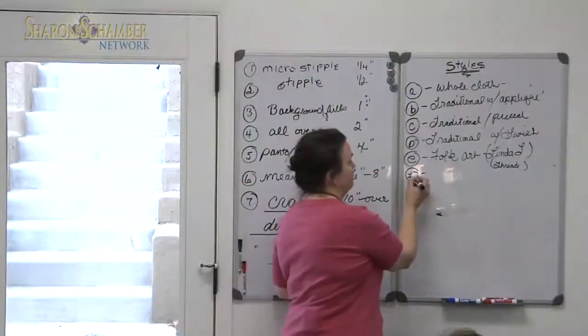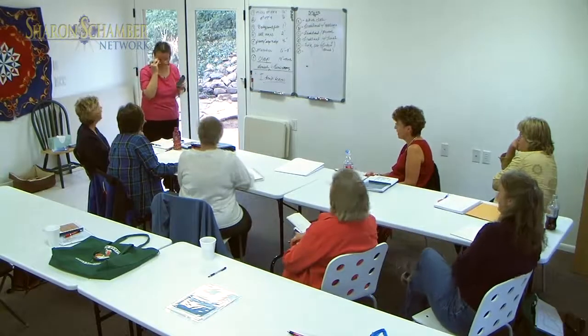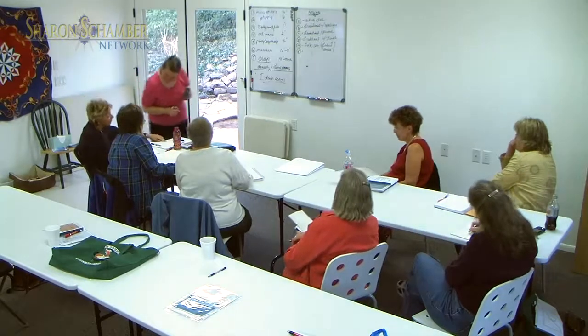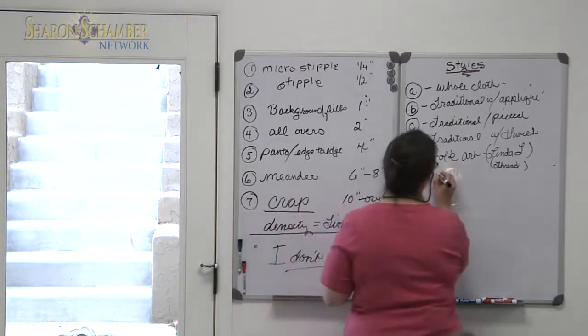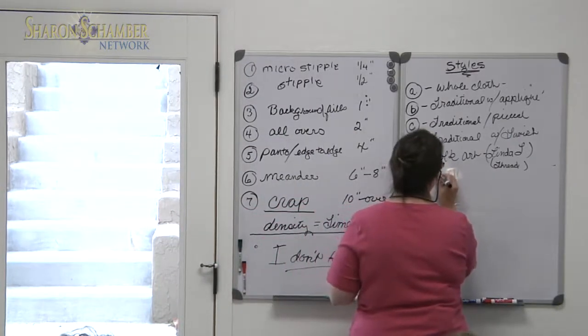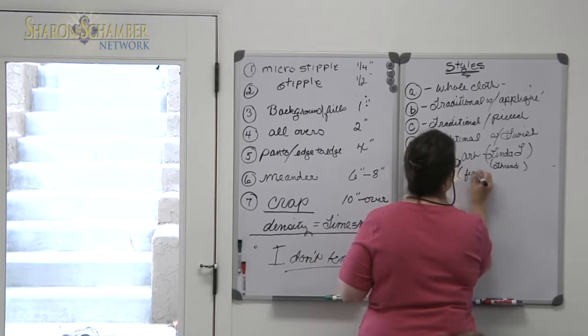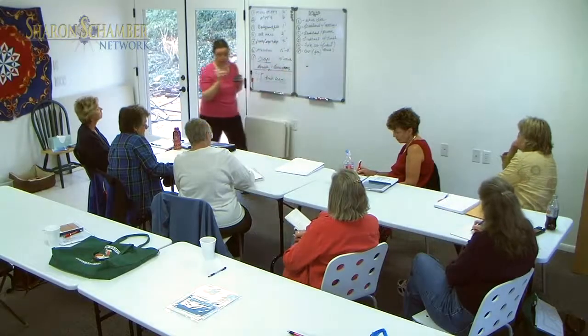All right, F. What's next? I don't know. Yay! Okay, we have art quilts. Although they might be more difficult, I consider these fine art, like Hollis Chatelain's work, where she's using the thread as a pigment.